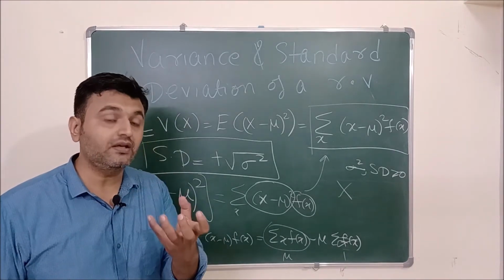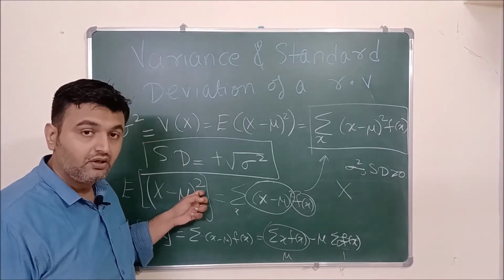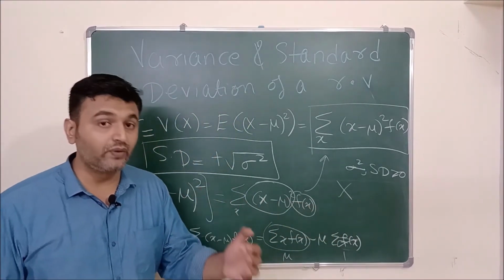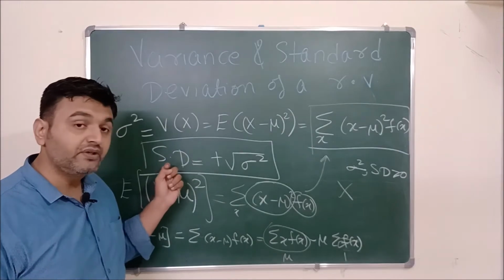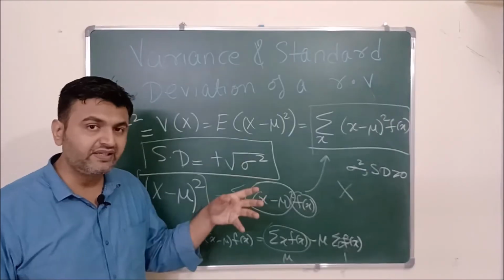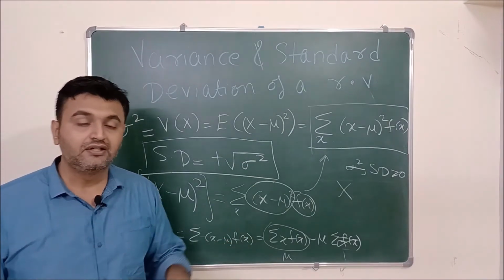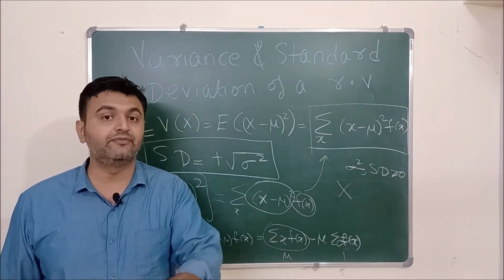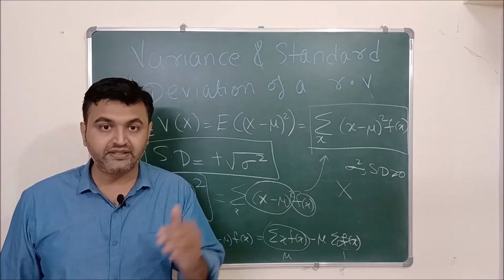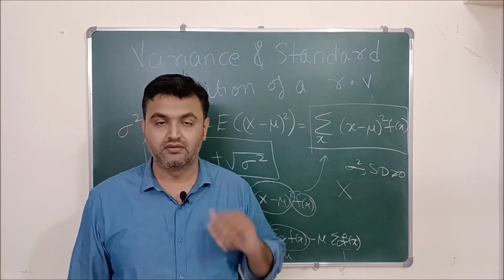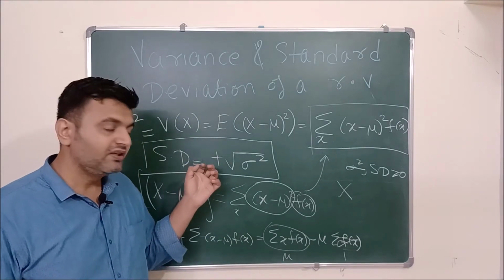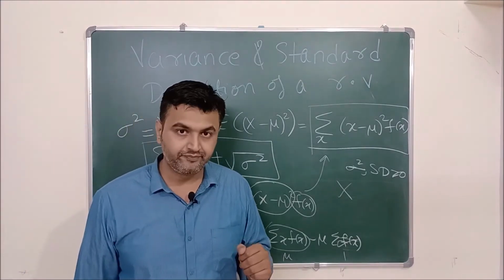It will be meter square because you're taking the square. But what will be the unit for standard deviation? Square root of meter square, so it will be meter again. So standard deviation and the random variable x share the same unit, whereas for variance the unit becomes squared. So that is another reason people use standard deviation a lot.